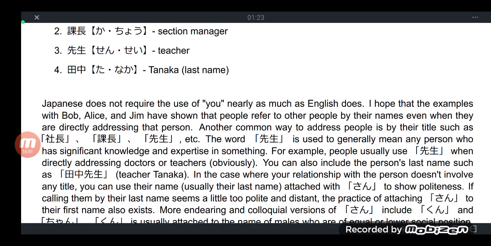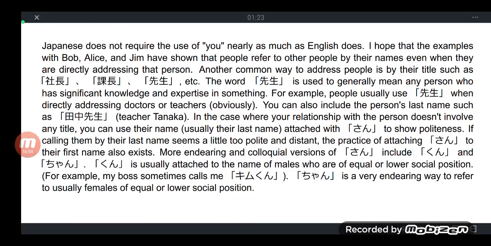So sometimes in Japan you can also refer to a second person by his or her title, such as shacho, referring to the company president. Shacho, yondaimasu ka? You called me? You called for me? Shacho, yondaimasu ka?